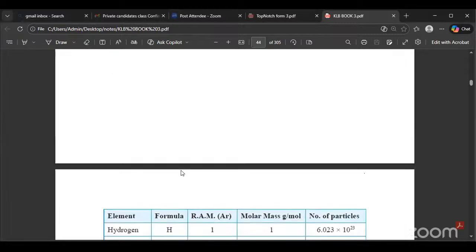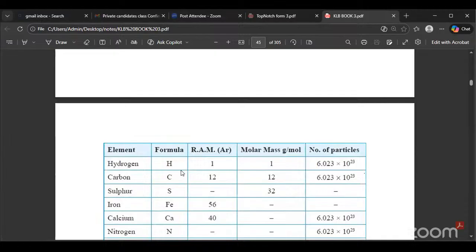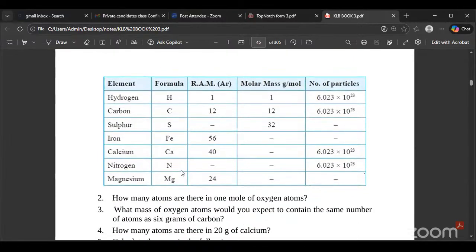So, completing the table, let us complete this table actually. Let us just try physically. So we have hydrogen. The formula for hydrogen is, I said you must know the formulas. In this one, you must know the formulas.